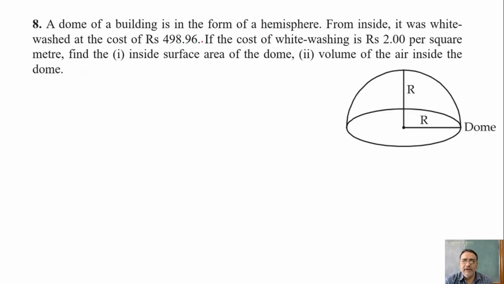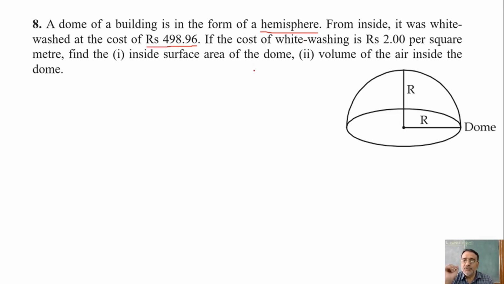A dome of a building is in the form of hemisphere. From inside, it was whitewashed at the cost of rupees 498.96. So this is the total cost. If the cost of whitewashing is rupees 2 per meter square, find the inside surface area of the dome and the volume of the air inside the dome.